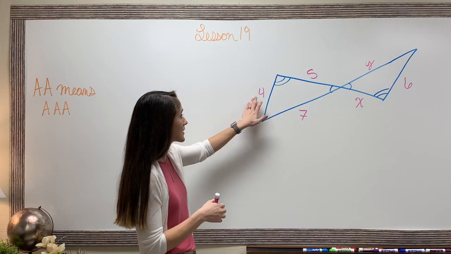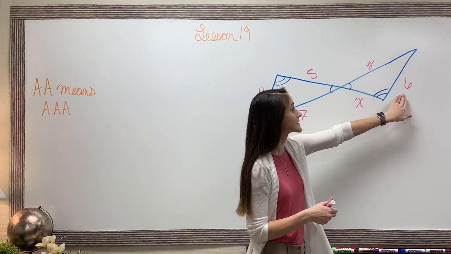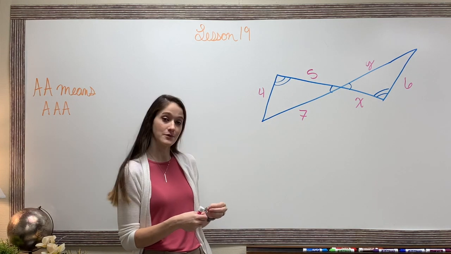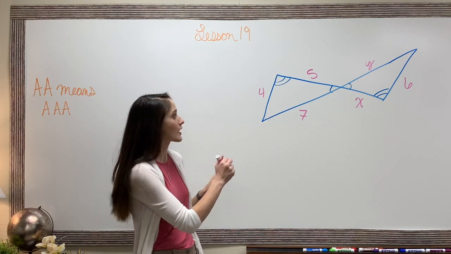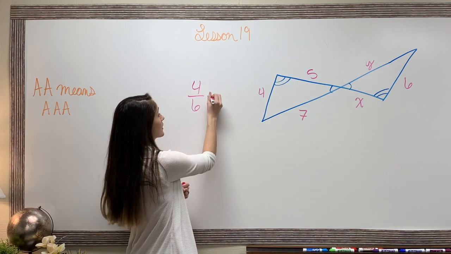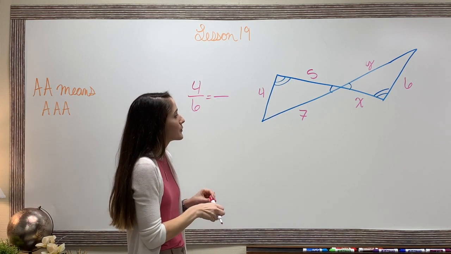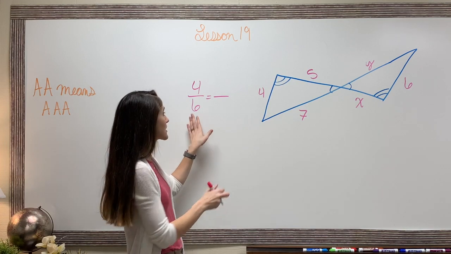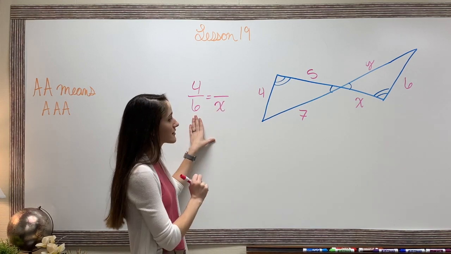So I know that 4 and 6 are the same side of the triangle, just in different triangle settings. So that's going to be the primary fraction that I work with. And so because I have 6 in my denominator, I'm going to have X in my denominator as well.